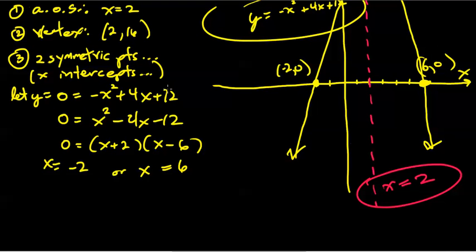Get a fresh screen here, I might run out of room. Let's see. Let's graph this expression. Graph y equals x squared plus 4x plus 5.